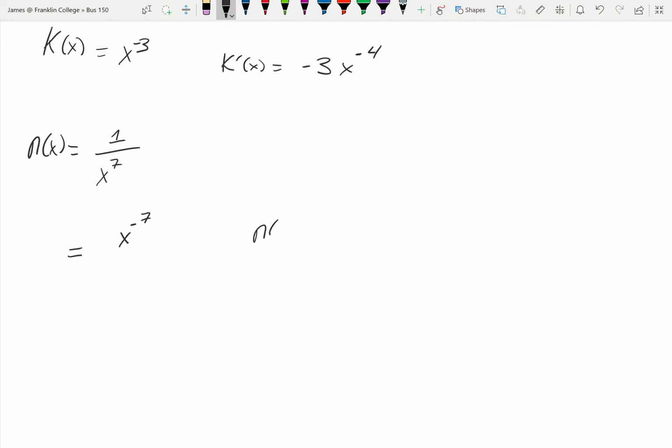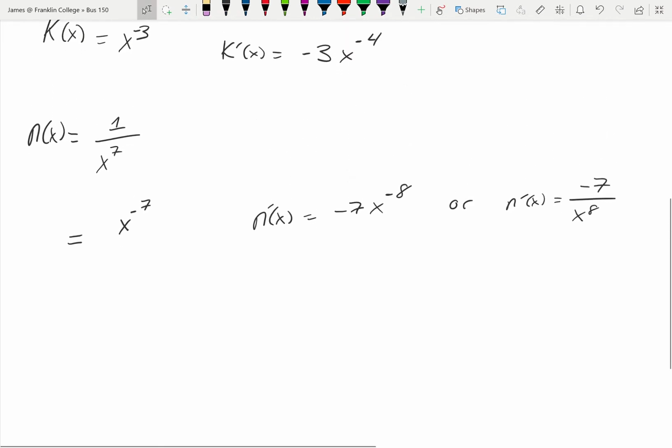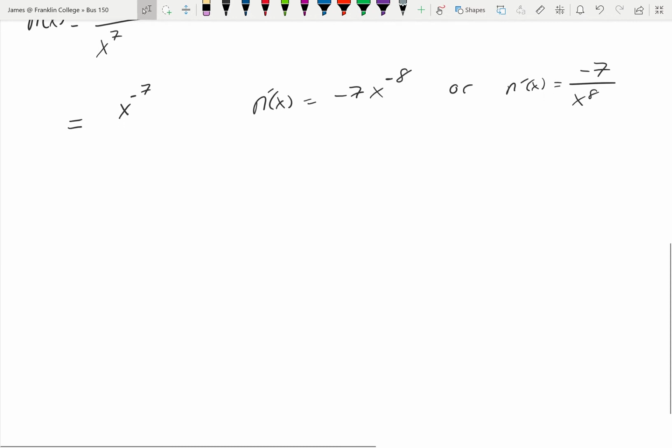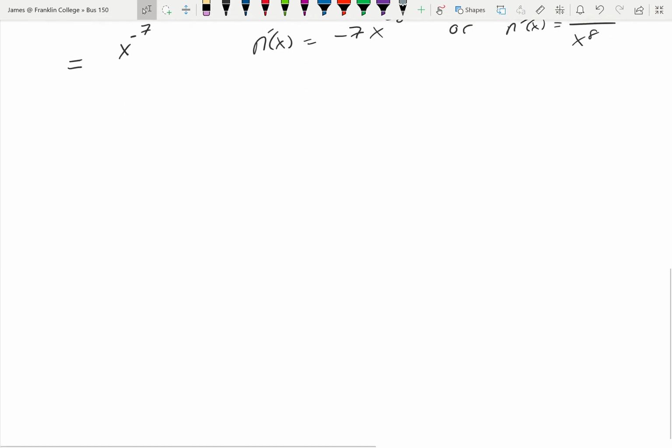And now we can apply the nice rules that we know. n prime of x will equal negative 7x to the negative 8th, or n prime of x equals negative 7 all divided by x raised to the positive 8. So using some manipulation of properties of exponents and where it belongs in the numerator or denominator of this fraction can allow us to apply that rule that we know.